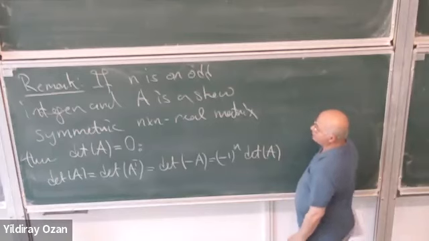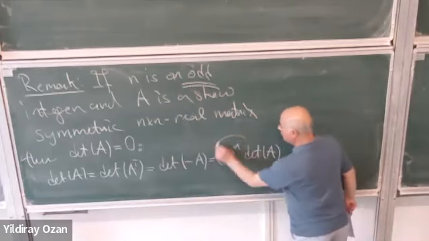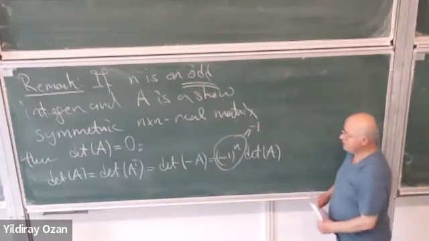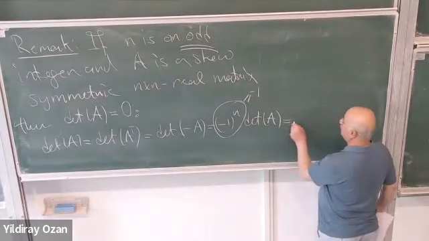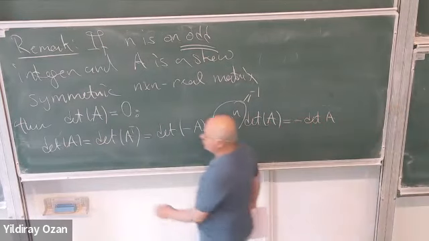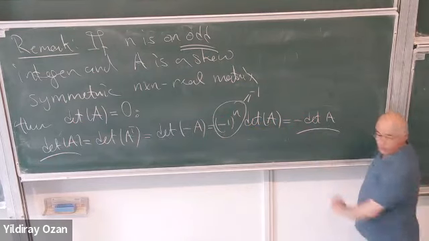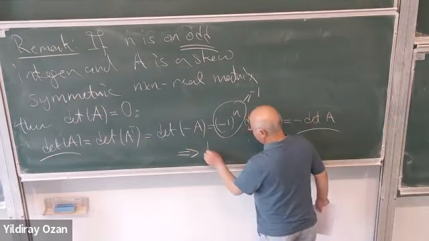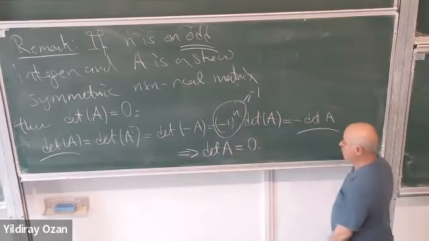But n is an odd integer. Therefore, this number is just -1. So what we see is that this is just minus the determinant of A. So the determinant of A is equal to minus the determinant of A. This is possible only if the determinant of A is 0.